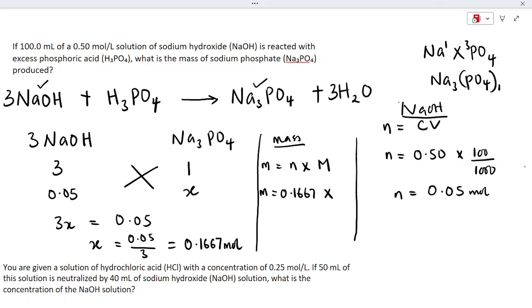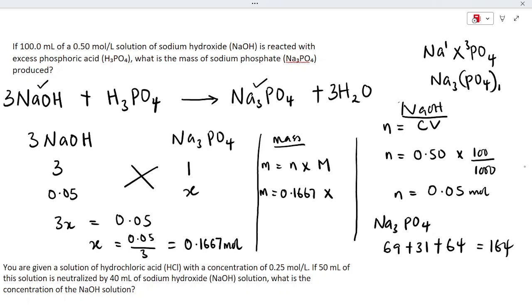An example, we are looking for the molar mass of sodium phosphate. Sodium is 23. 23 times 3, that gives us 69. Phosphorus is 31. Oxygen is 16 times 4, that gives us 64. So when we add them up, 69 plus 31 will give us 100, and 100 plus 64 will give us 164.